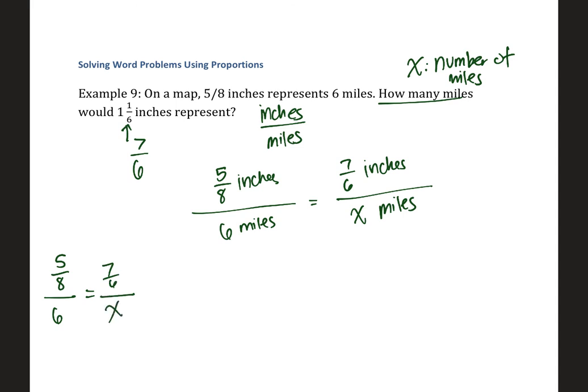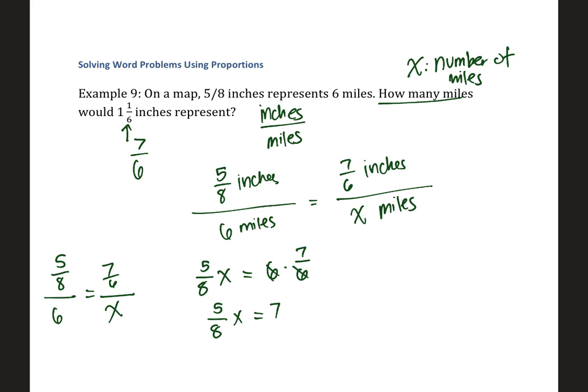I'll cross multiply. We have 5/8 times x. 5/8x is equal to 6 times 7/6. I know these 6's are going to cancel out, so it's going to be equal to 7. 5/8x is equal to 7. I want to solve for x. There's two ways to do this. You can either multiply by the reciprocal, so multiply both sides by 8/5.